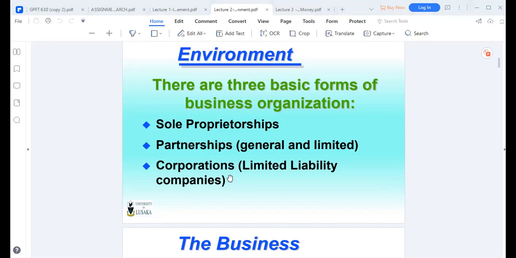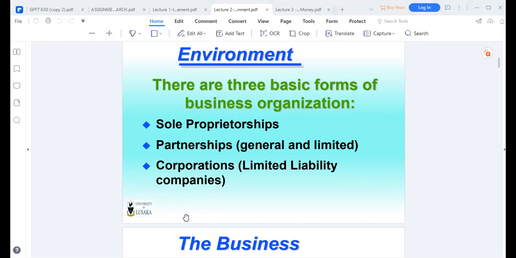For a sole proprietor, I can go ahead. Yes. So for a sole proprietor, what I remember is it's owned by one person. The advantage is all the profits go to one person because there's only one owner.